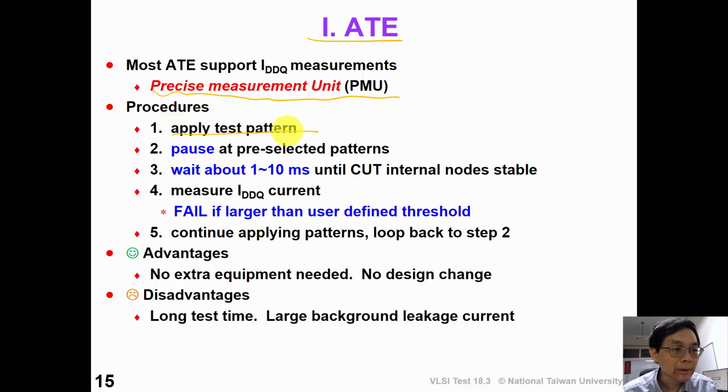First, we apply a test pattern and pause at a pre-selected pattern, and we wait for about 1 to 10 milliseconds until the CUT internal nodes become stable, and we use ATE to measure the power supply current. The CUT fails the test if it is larger than the user-defined threshold. We continue this loop until we have measured IDDQ for all the selected patterns.